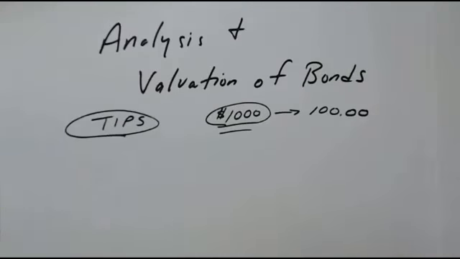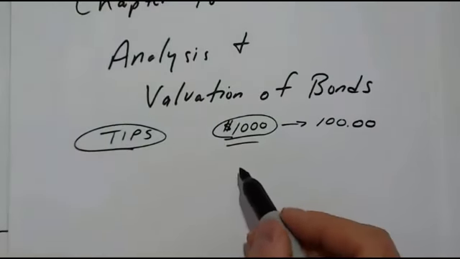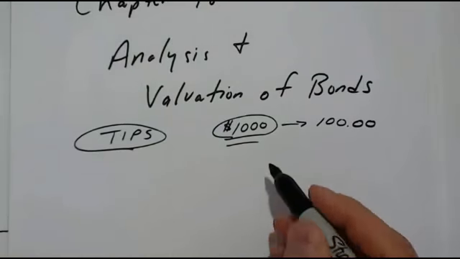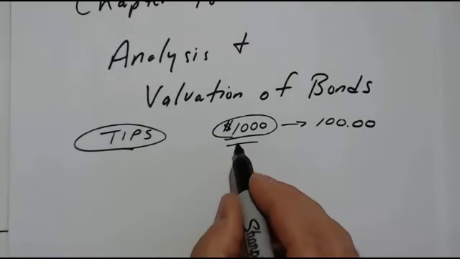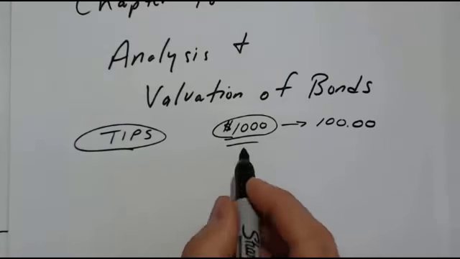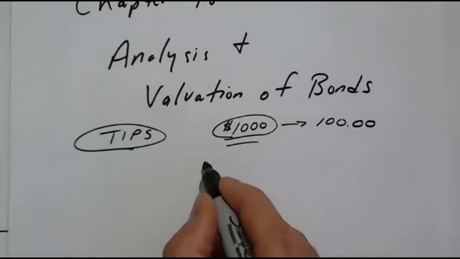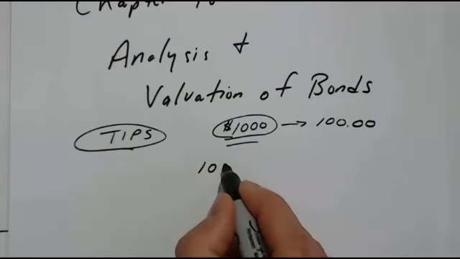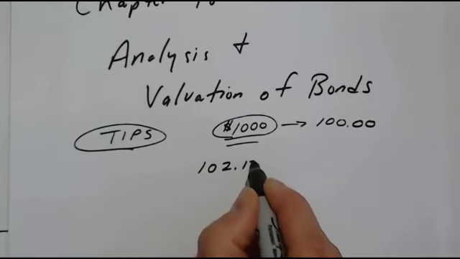Now, the difficulty comes in, and the fractions come into play, when you have a bond that's priced other than $100 or $1,000. For example, you would see in the Wall Street Journal a quote such as this.